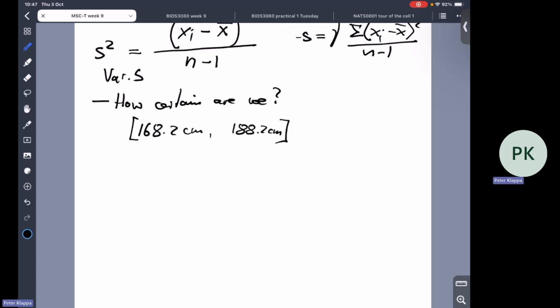Now, let's say somebody does similar measurements and says, well, the population mean that I found is 190 centimeters. That's my population average. So we measure 168 to 188, and another person says, oh, it's 190 centimeters.